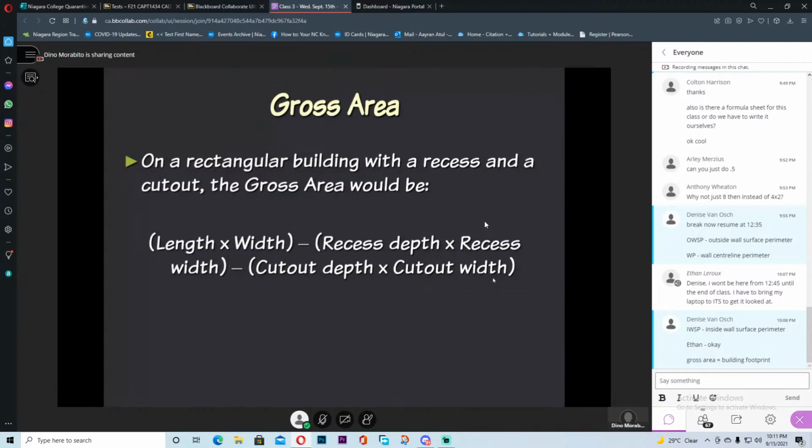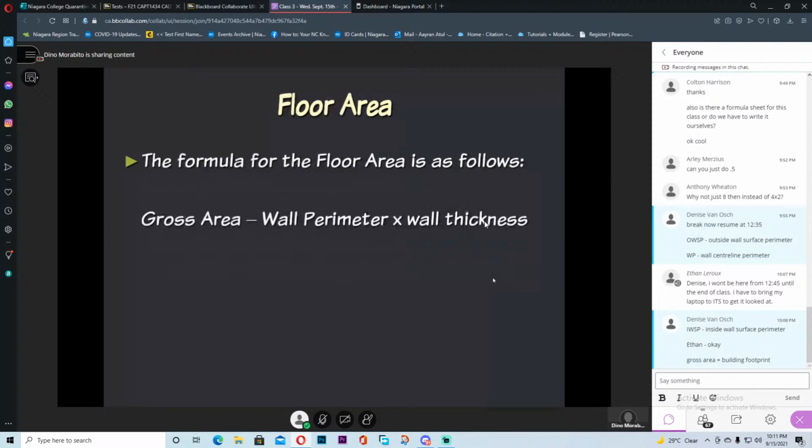But if I'm looking at a building, the inside area is certainly of concern to me, especially in the foundation. If I'm going to pour a basement floor, that basement floor doesn't go to the outside of the wall, it stops at the inside of the wall. It's contained by the wall. So here's a place where I can again reuse numbers that I've already done. I've already calculated the gross area. I've already calculated the wall perimeter.